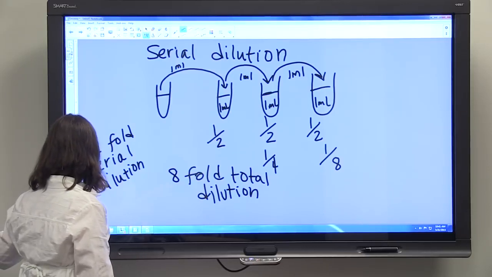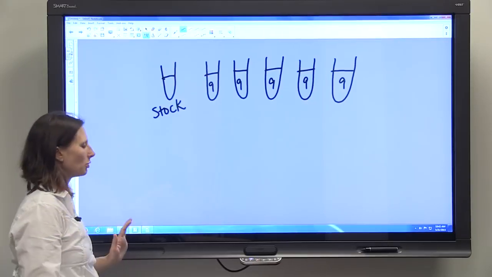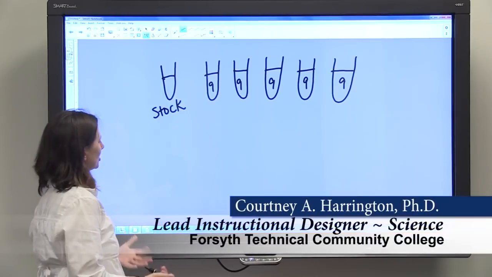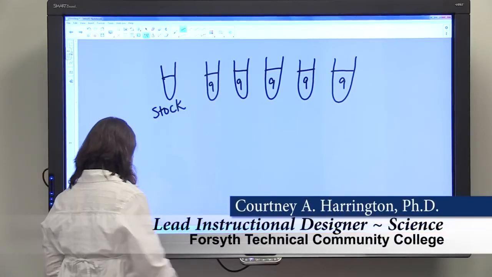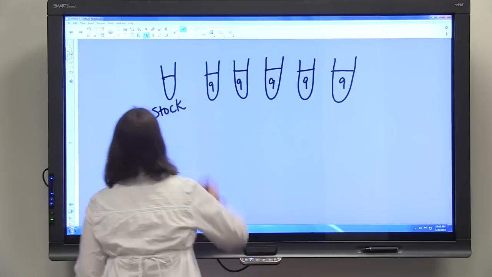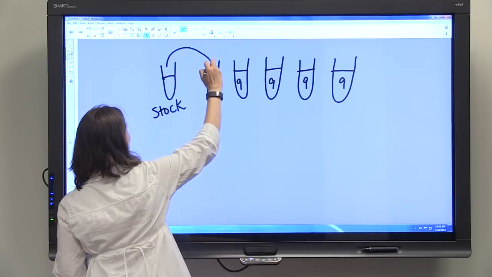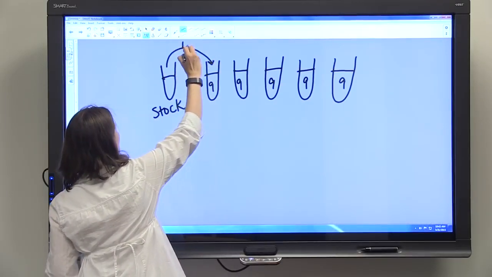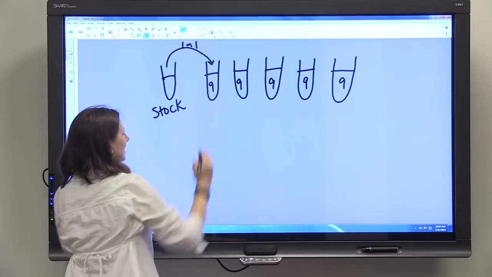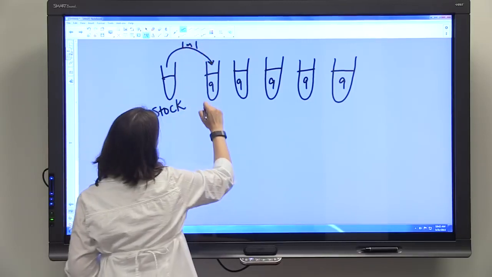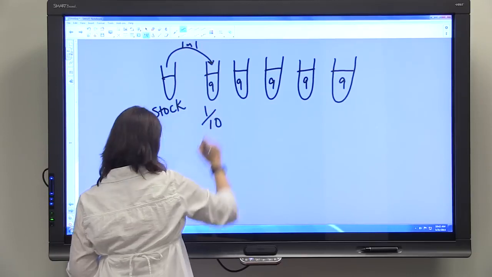And I'll give you one more example of this because it's a little more complicated than a simple dilution or a dilution series. So here we have a stock solution, and we're taking 1 mL of stock solution and adding it to 9 mLs. So we're diluting that 1/10.